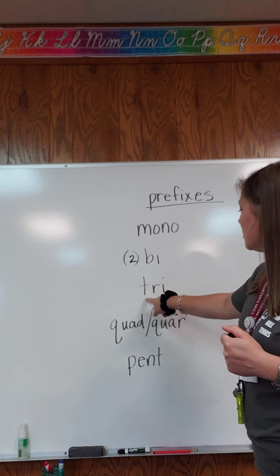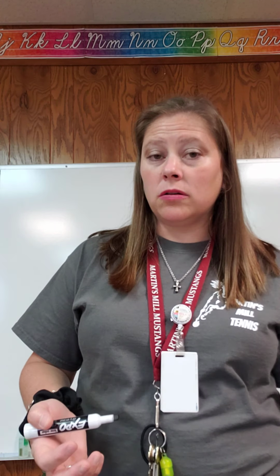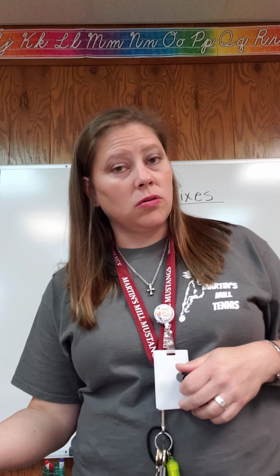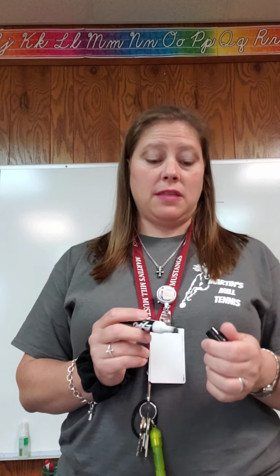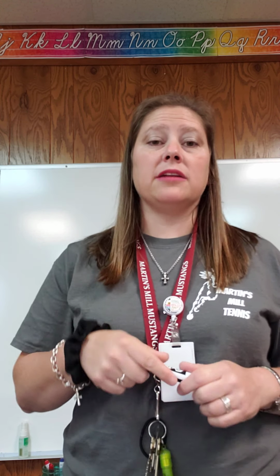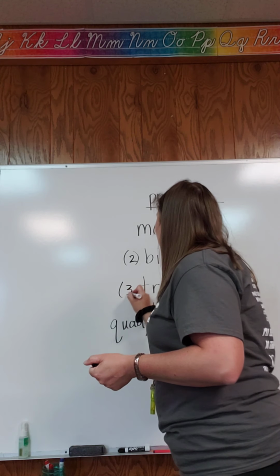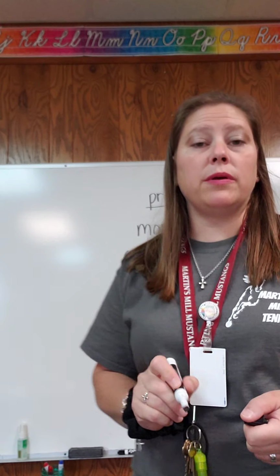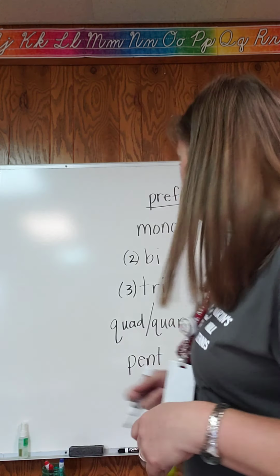You might have also recognized tri and thought about a triangle or a tricycle, or you might have thought about a trigraph, which is something that we've covered this year. And that might have spawned your memory that tri means number 3. So anytime we see tri or we write tri, we are talking about something related to the number 3.